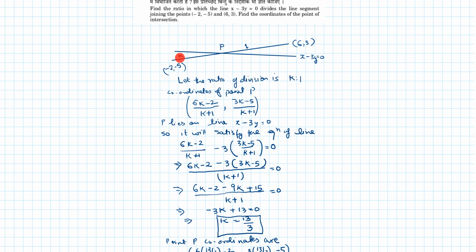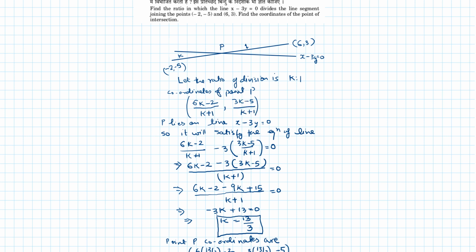What are the coordinates of the point P? From the section formula, the x coordinate of point P is (6k minus 2) divided by (k plus 1), and similarly the y coordinate is (3k minus 5) divided by (k plus 1).